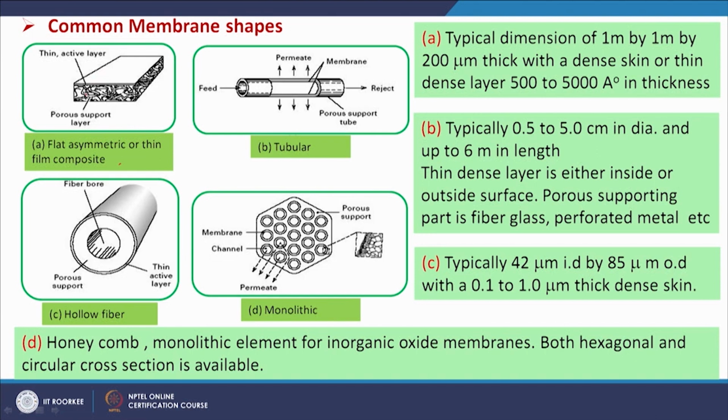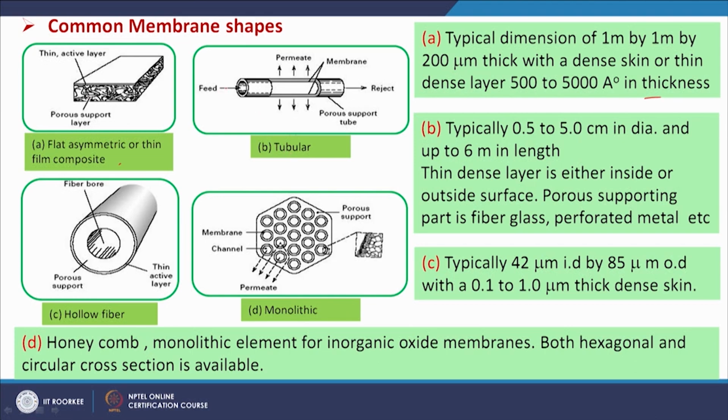The active layer is our main membrane material, with typical dimensions of 1 meter by 1 meter by 200 micrometer thick, with a dense skin or dense layer 500 to 5000 Angstrom in thickness. As I told you, it is a very thin layer of this membrane material.